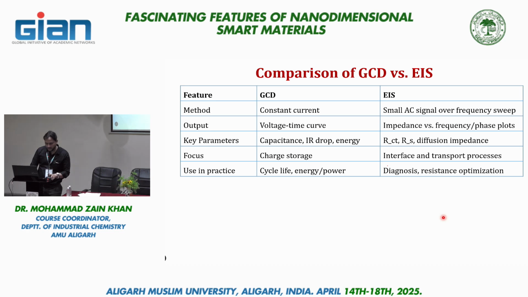Again, a comparison of the GCD and EIS data. The method: in case of GCD, galvanostatic charge discharge, we have to give a constant current to the system, and we monitor the voltage correspondingly, and we plot the voltage versus time at a constant current density. While in case of EIS, we give small AC signals, small AC frequency sweeps to check the system's response and to calculate the impedance.